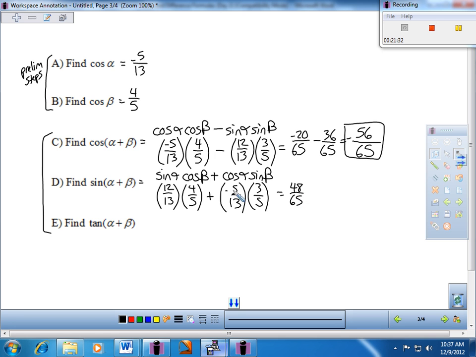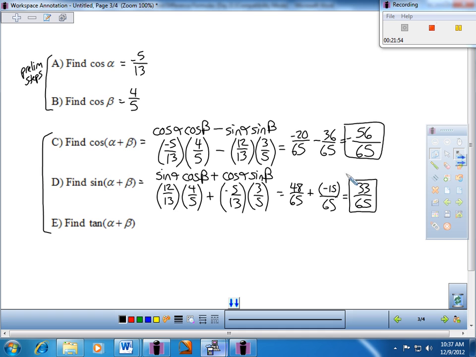And then over here, everyone, I've got negative 5 times 3, so plus, I'm getting a negative 15 over 65. Wonderful. And 48 and negative 15 added together, of course, should give us 33. So everyone, 33/65, as a matter of fact. 33/65 is your sine ratio for our new angle.